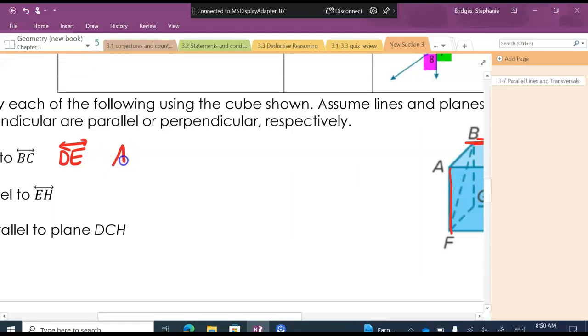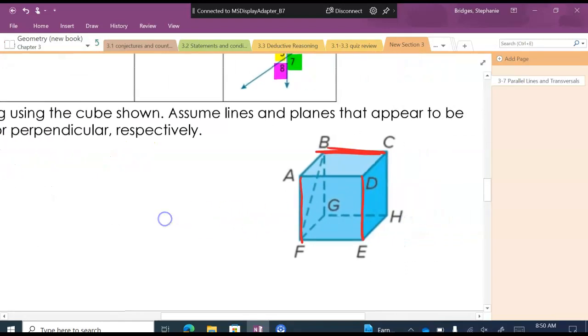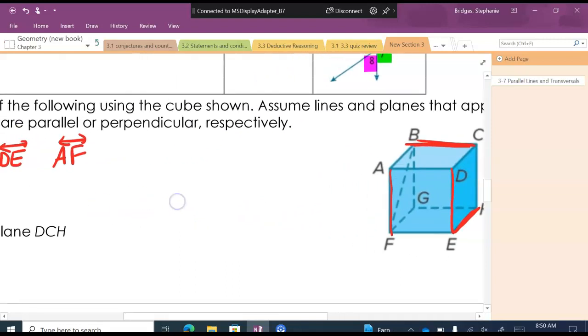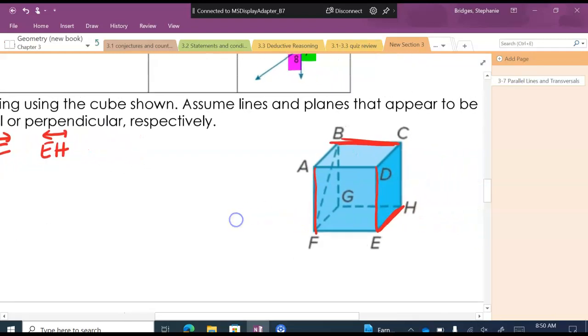Hold on. Let me write AF. All right. And you said what? EH? So EH goes this way. It's still not the same direction as BC, but it also does not touch. So what else would also be skew? Like EH, what's kind of the same? FG or GF, either one you want to call it.